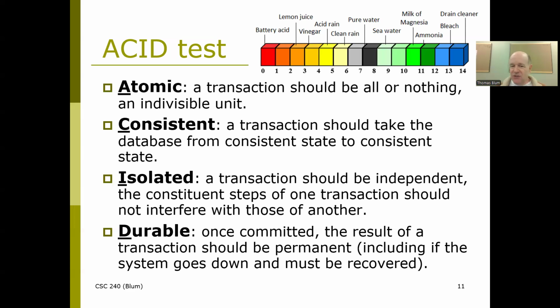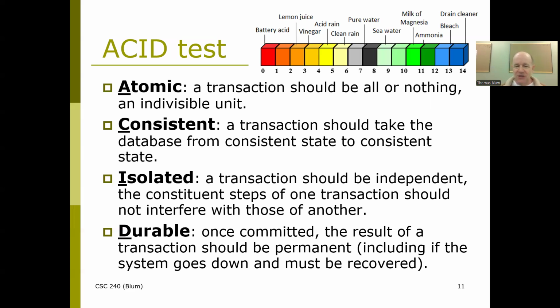But a transaction should be independent. It should not interfere with another transaction. That's going to be a whole host of issues, and so that's going to be interesting material for further discussion. And then durable.